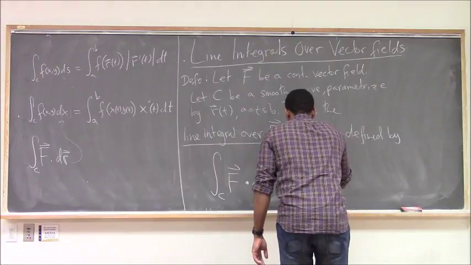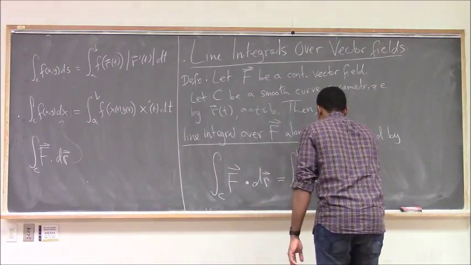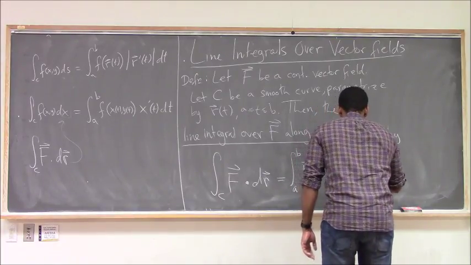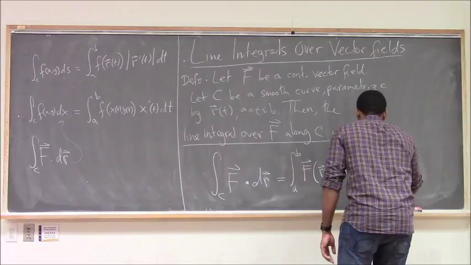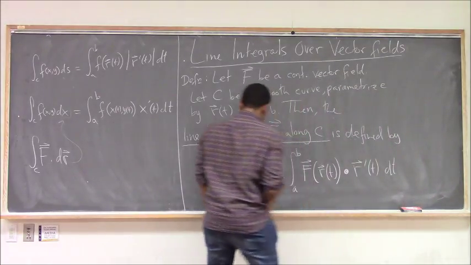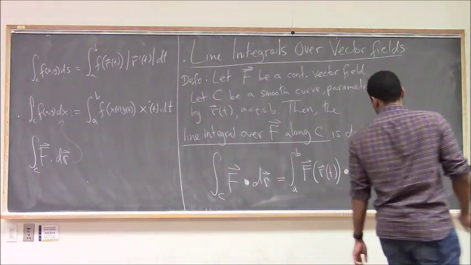Let's go from a to b. f, you're going to plug in the parameterization again. Dot product with r prime. And so now I'm pronouncing this dot on purpose here, because it's not just regular multiplication, it's actually a dot product.